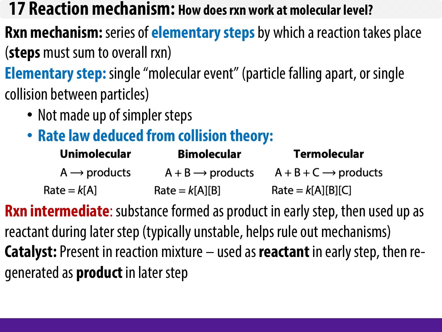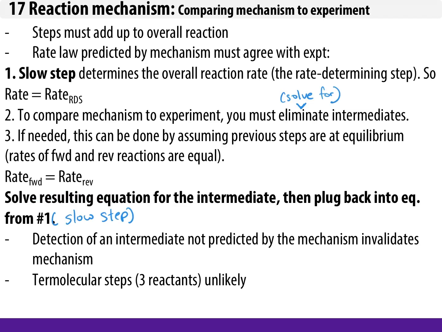Reaction intermediates and catalysts are things that cancel out of the overall reaction, but are very important and work a little bit differently. Intermediates are formed as products, then used up as reactants later. Catalysts we add to the reaction mixture, so they're going to be used as a reactant on the left-hand side first, then later regenerated as a product. Again, you have to be able to do this comparison between the rate law and the mechanism.